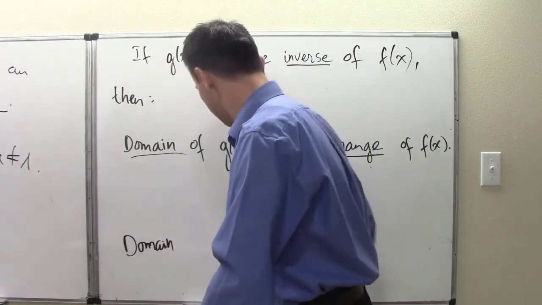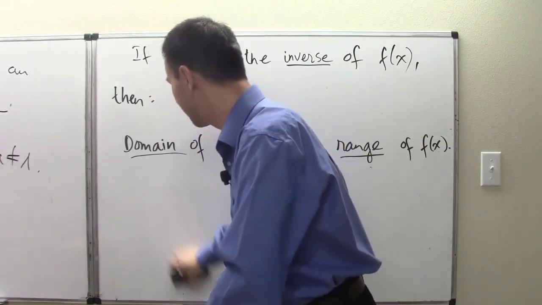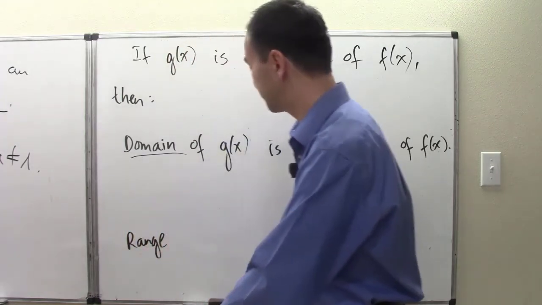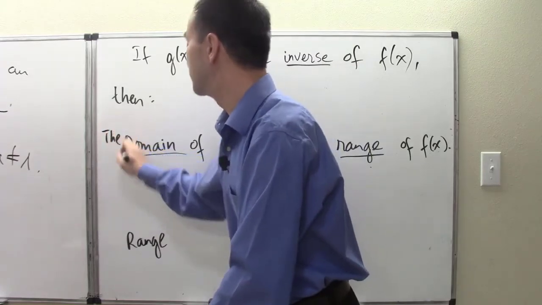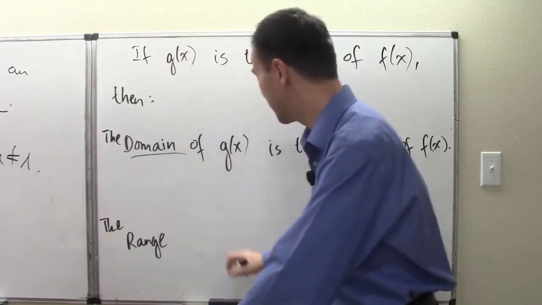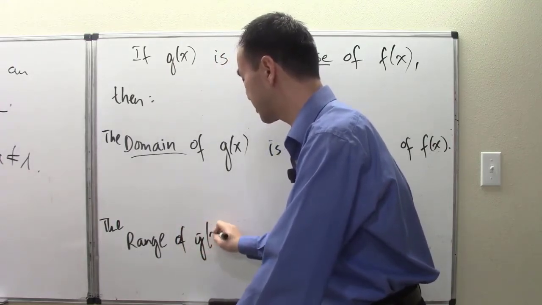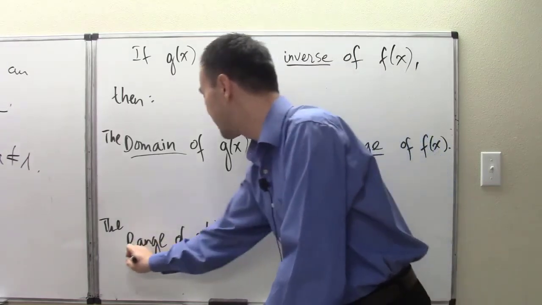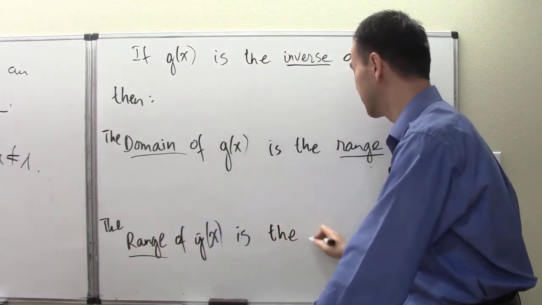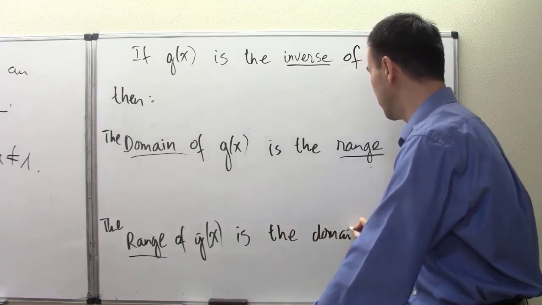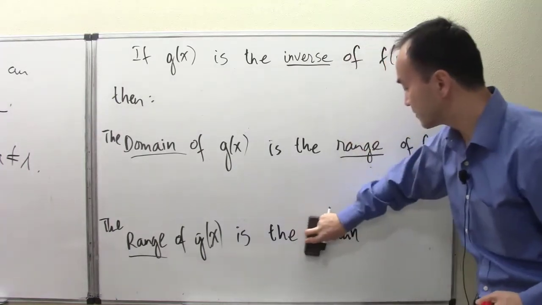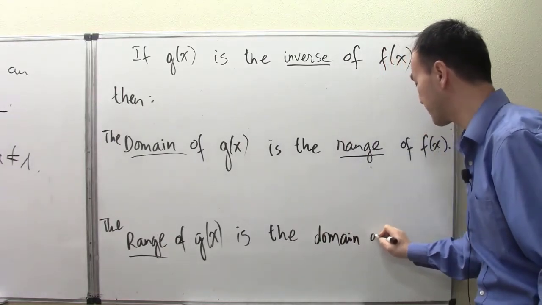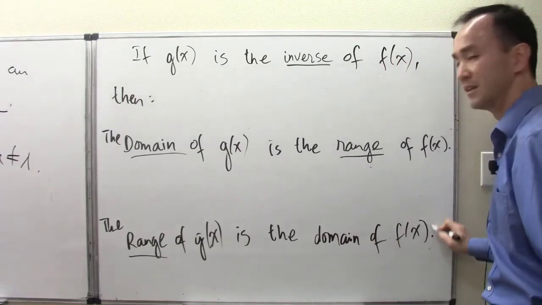The range of g of x, the set of possible outputs of g of x, is the original domain of f of x.